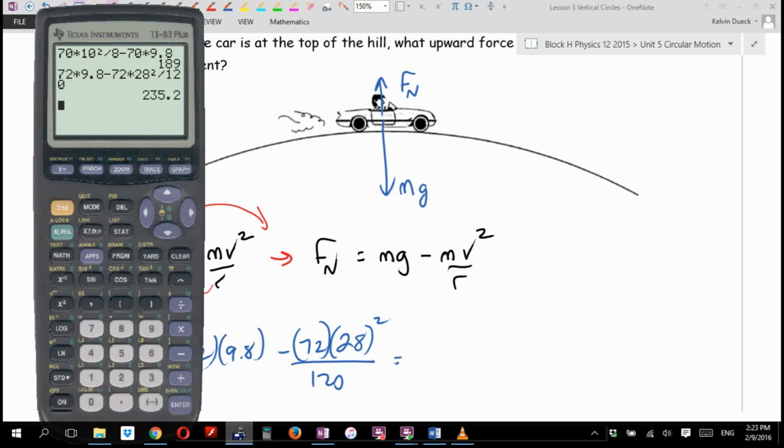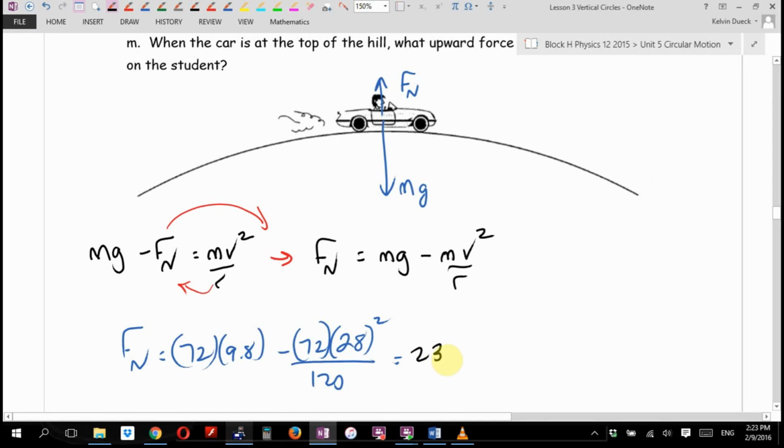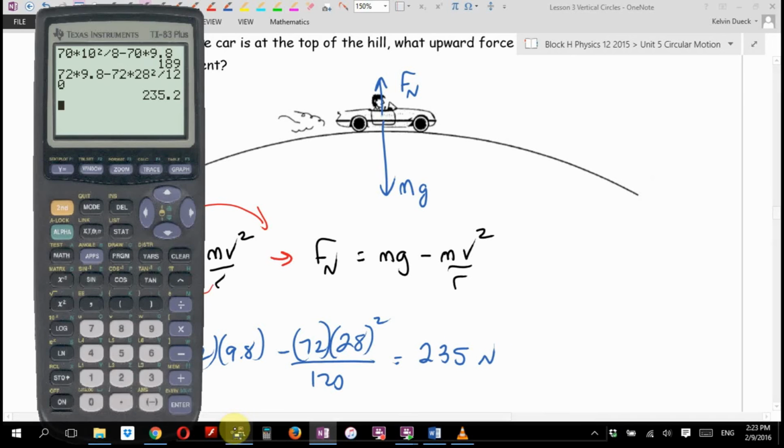You get 235.2, 235 newtons. Where normally they would feel 72 times 9.8, 705. This person's going to feel about a third of their weight.